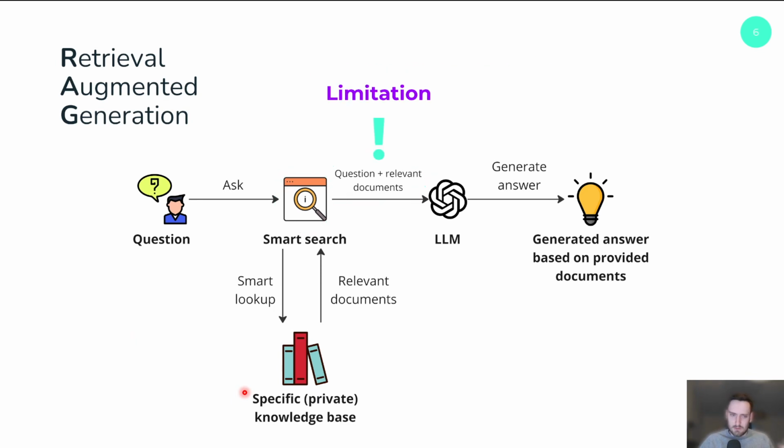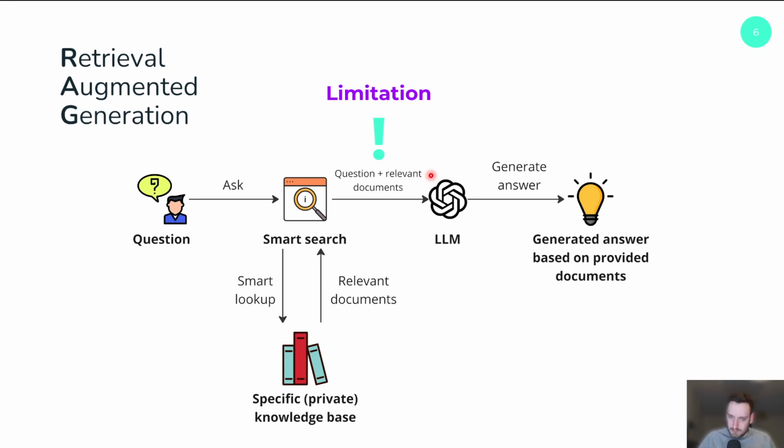One very important thing: why are we actually using retrieval augmented generation? Well, that's because there's a big limitation in the system, and that is that the large language model can only receive a certain amount of text.